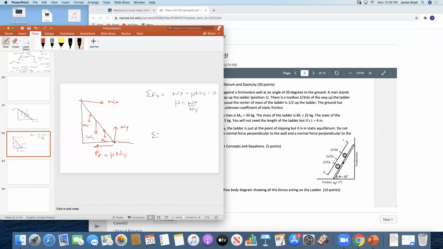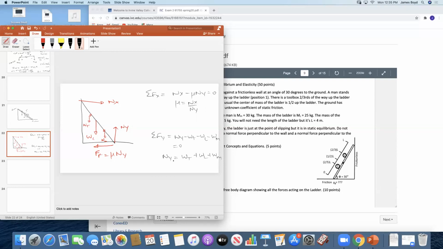The forces in the Y are, we have an Ny up minus the weight of the toolbox, minus the weight of the ladder, minus the weight of the man. And that's it. This, of course, equals 0, right? And so we can see that Ny will equal the weight of the toolbox plus the weight of the ladder plus the weight of the man.